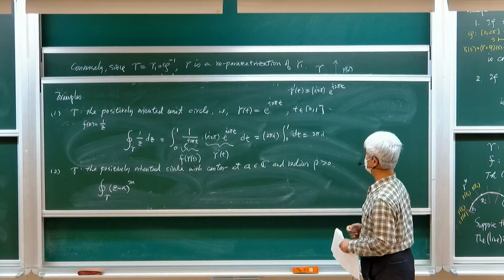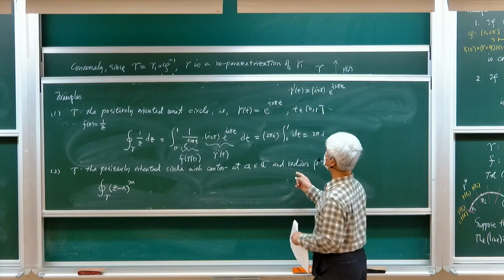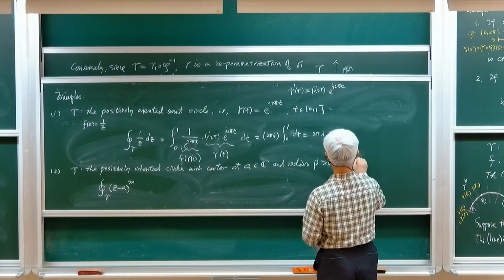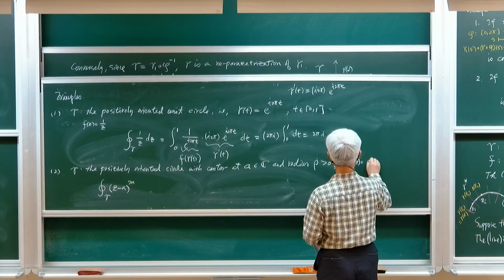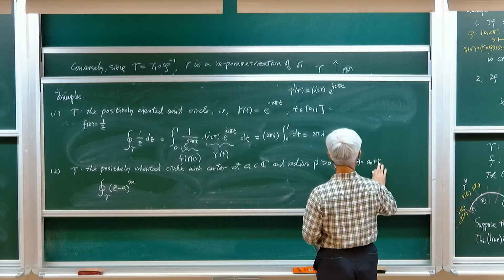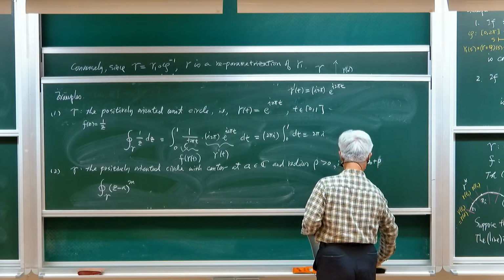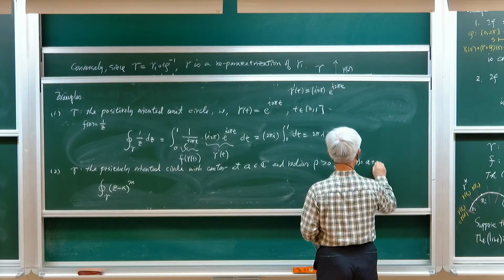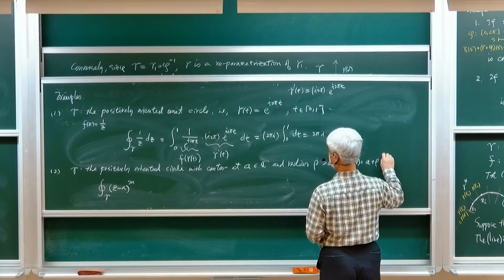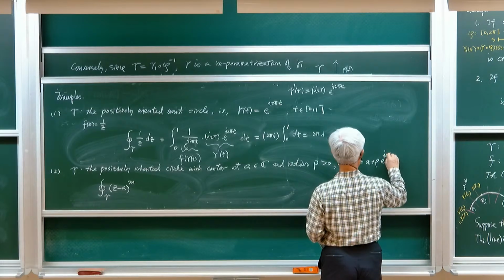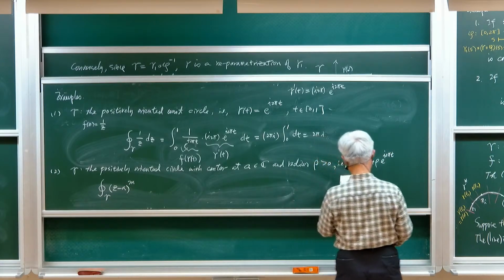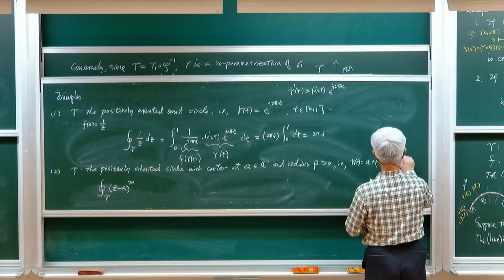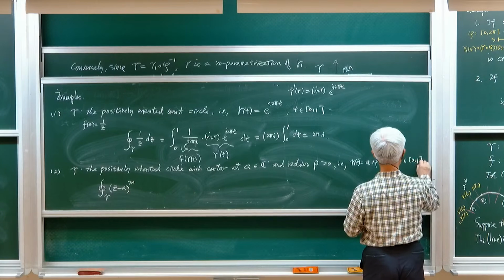Now, we know gamma t is a plus rho e^(i 2 pi t), for t in 0, 1.